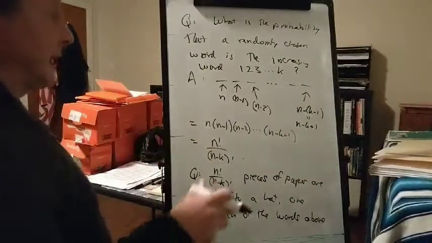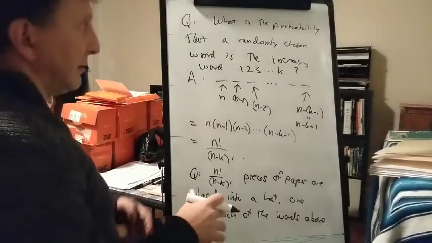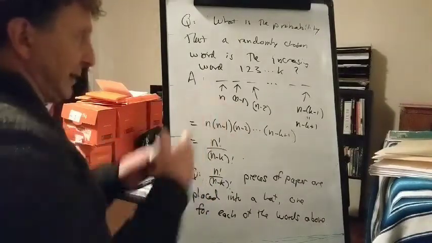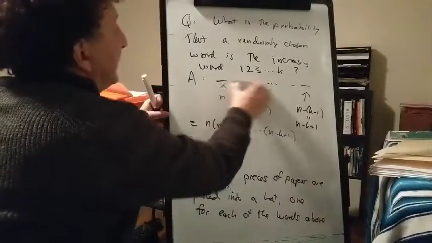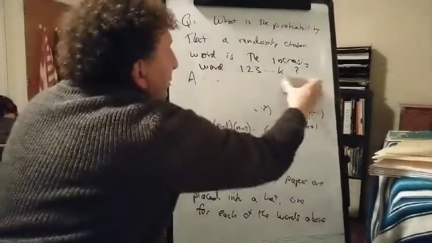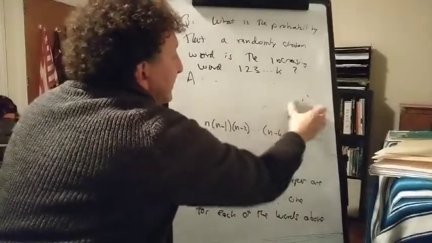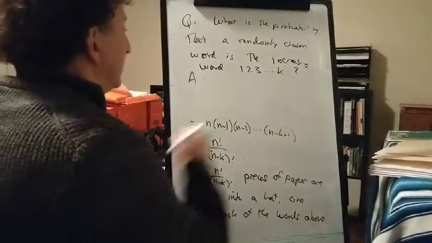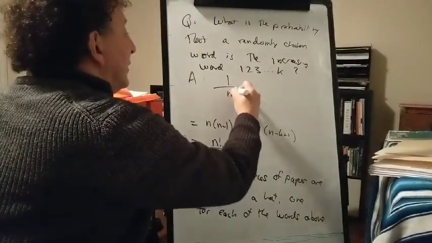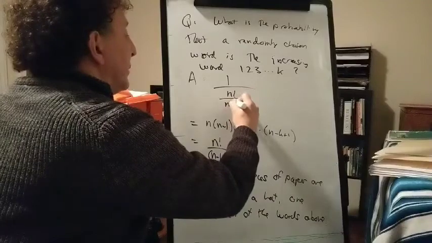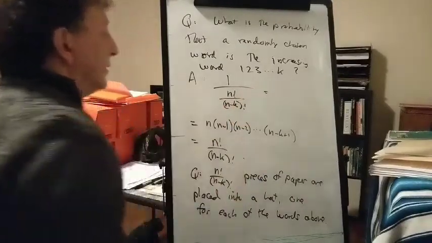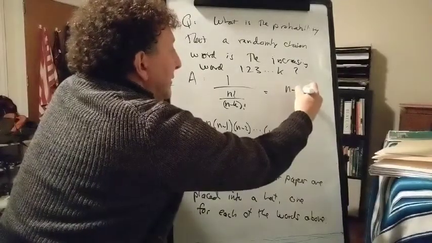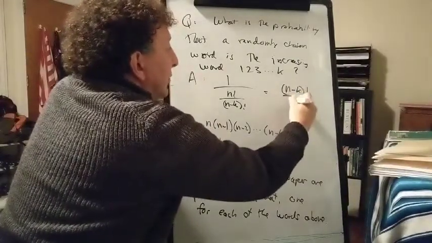So that's one k-letter word with no repetitions that uses letters 1 through n. Not all of them, obviously. We can't use all of them if k is less than n. And the answer is 1 over the number of pieces of paper in that hat. So 1 over n factorial over n minus k factorial. And 1 over a fraction is the reciprocal of that fraction, so we could also say n minus k factorial over n factorial.